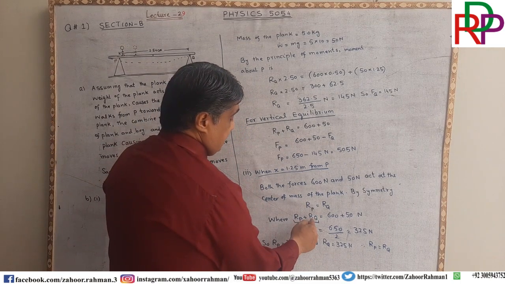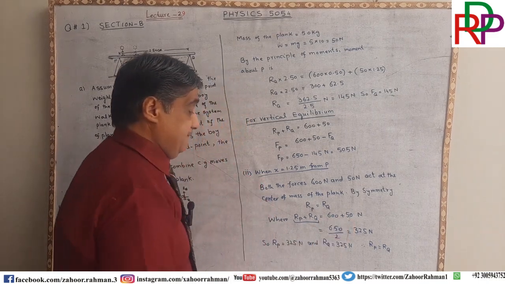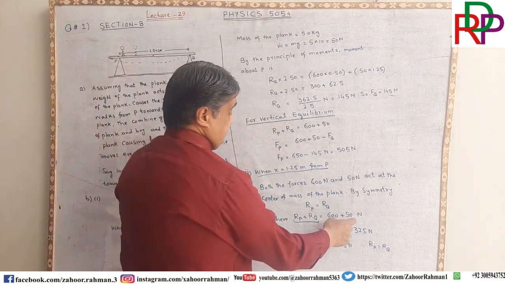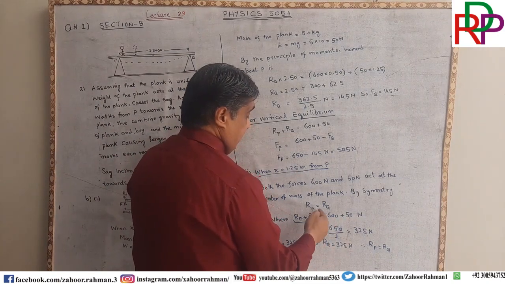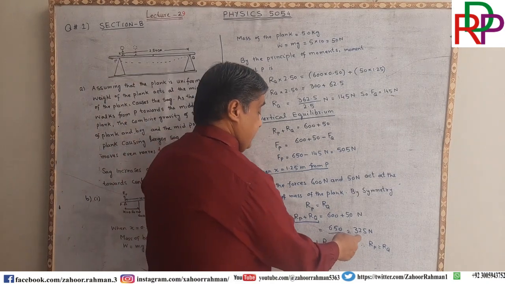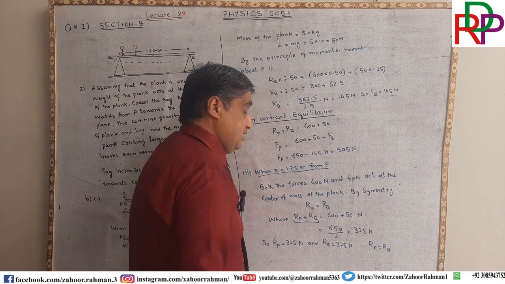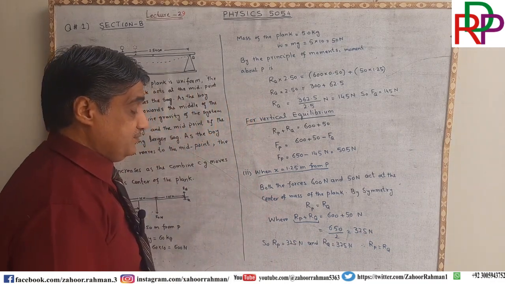So RP plus RQ is equal to 600 plus 50, and because both are the same, we divide by 2, and 650 divided by 2 is equal to 325 Newton.